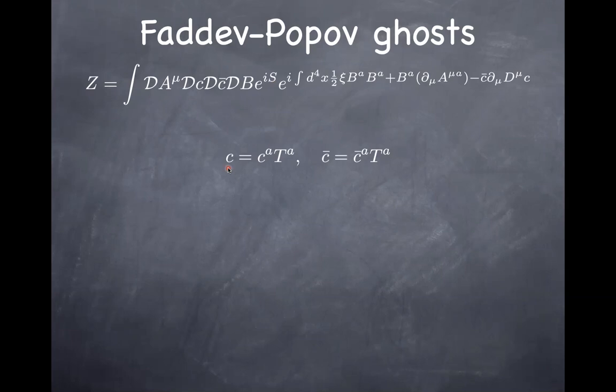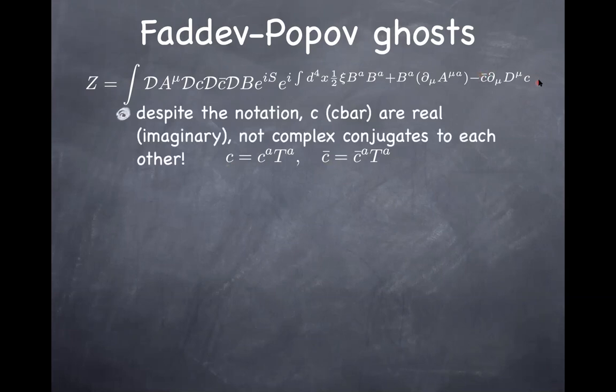Omega was a matrix, omega A T A. As a result, this C field is also meant to be a matrix, summed over these generators T A, and so is C bar. So what's meant by this kinetic term of C and C bar is actually a matrix, so we need to understand what exactly that means.